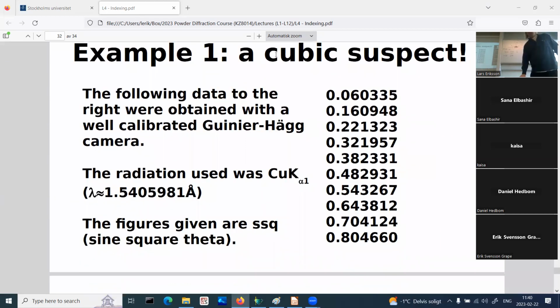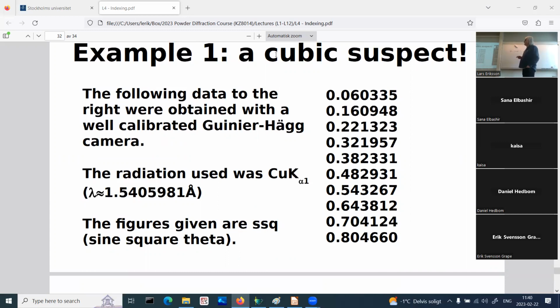Here we have a cubic suspect. Computers believe that it is cubic because it has a few lines. So if it is cubic, then we know that the value will be h squared plus k squared plus l squared.